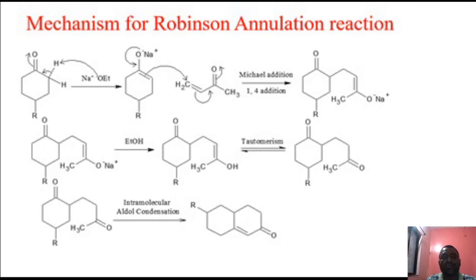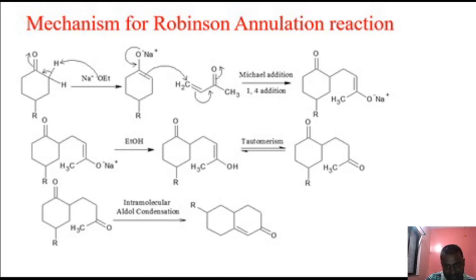So this is 1,4 addition with migration of double bond. This enolate picks up proton from alcohol, ethanol. We get enol, which readily tautomerizes to the ketone.